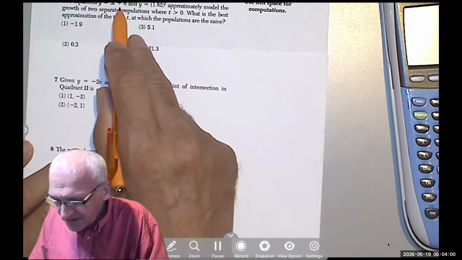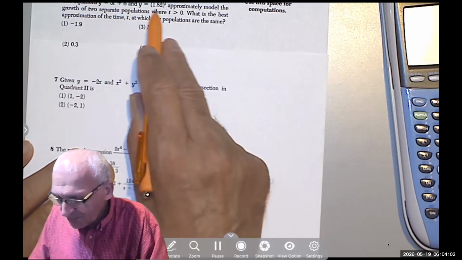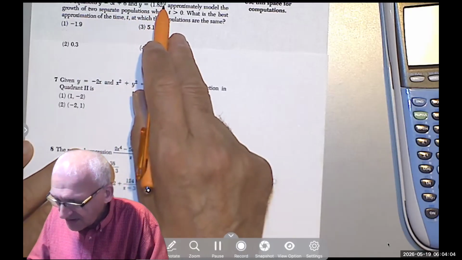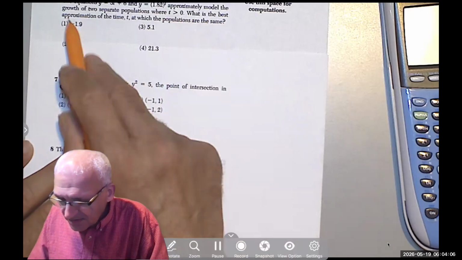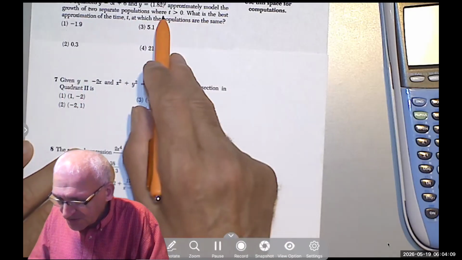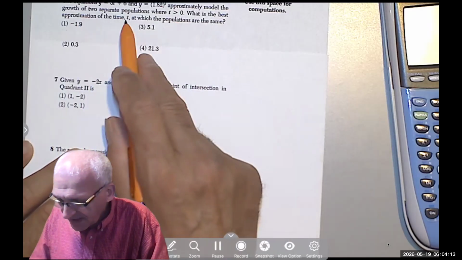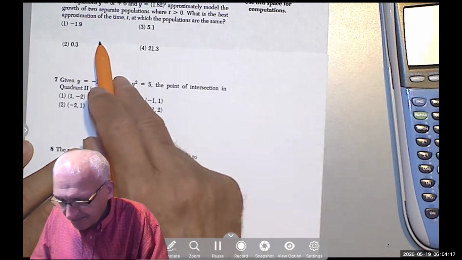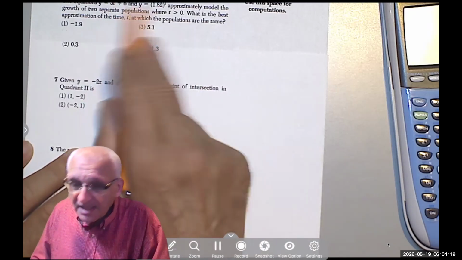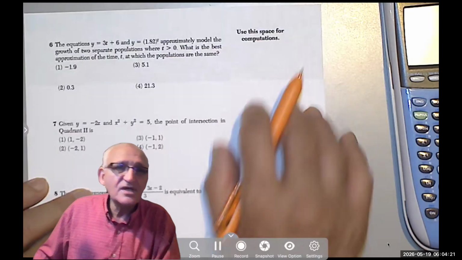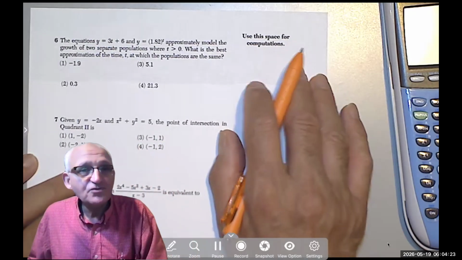Okay, it tells you the equations y equals 3t plus 6 and y equals 1.82 to the power of t approximately model the growth of 2 separate populations where t equals 0. What is the best approximation of the time t at which the populations are the same? You can do that with a calculator in 2 different ways.